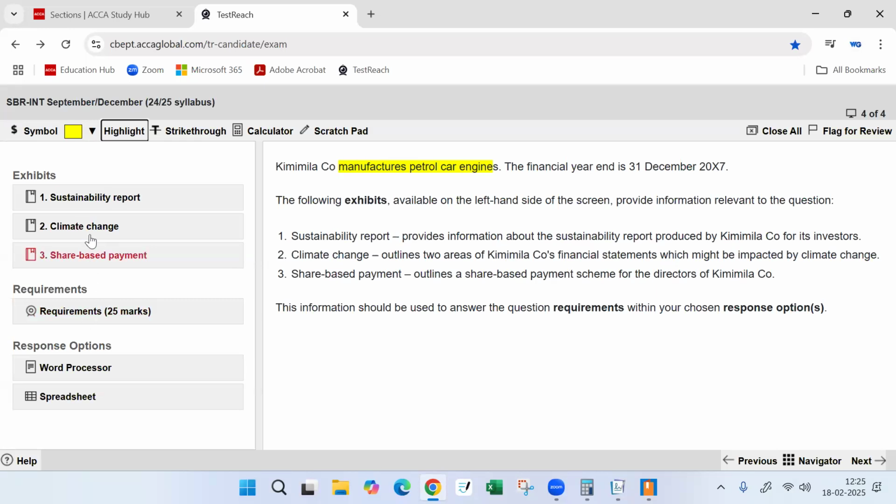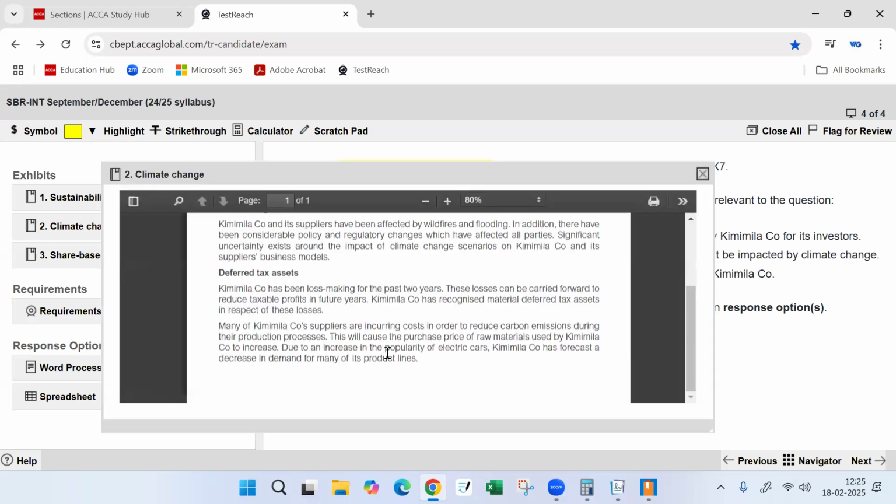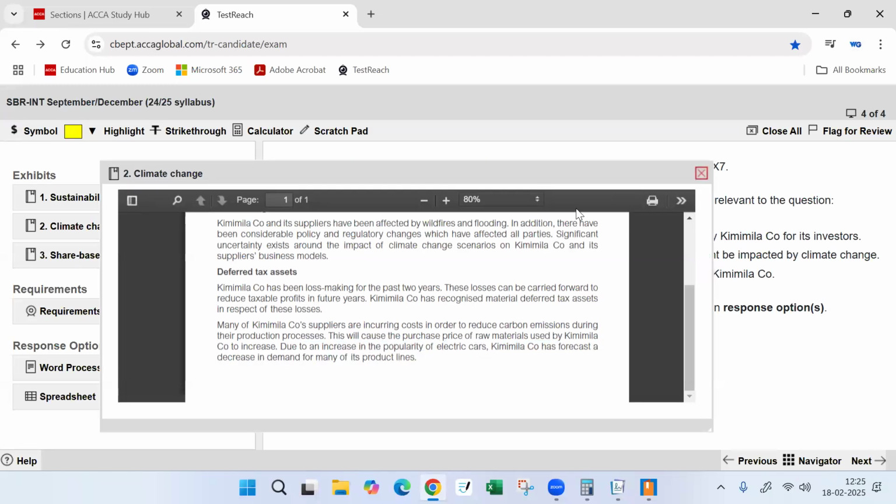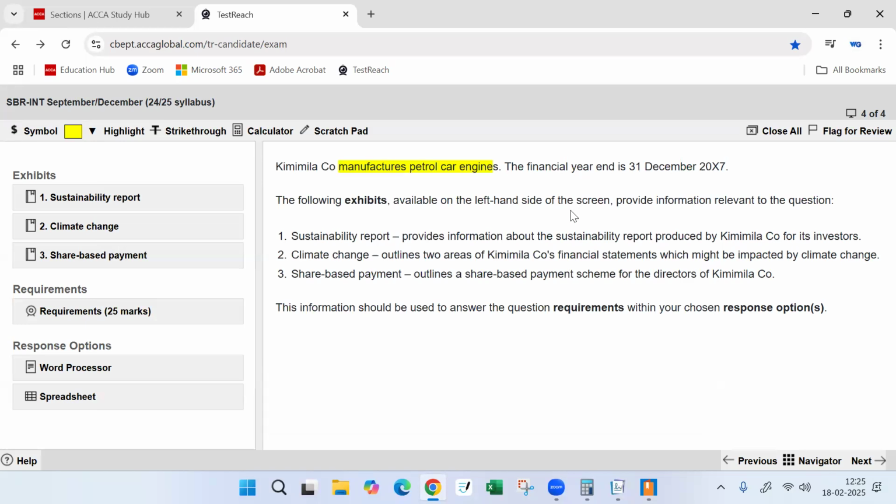Because here, if you look at here, they are mentioning this. Due to the popularity of electric cars, Camilla forecasts a decrease in demand for many product lines. So isn't that an impact due to climate change? Right? So isn't that a transition risk? Yes, because the market is transitioning towards lower carbon emission models.